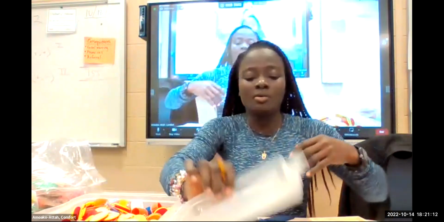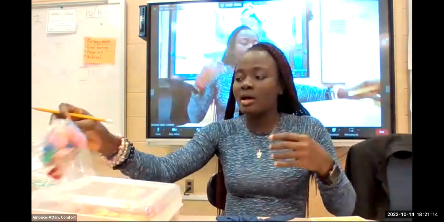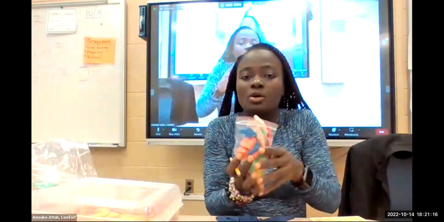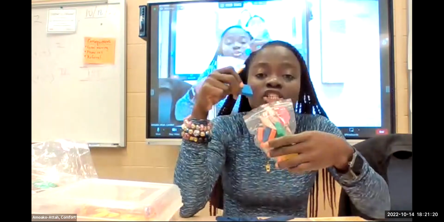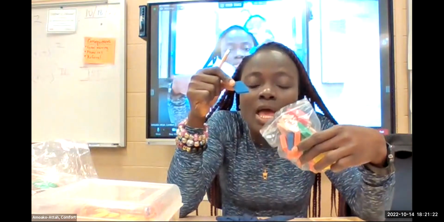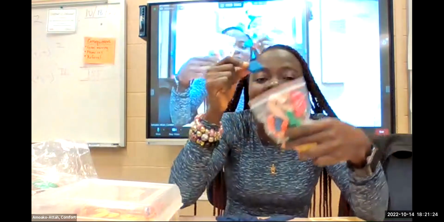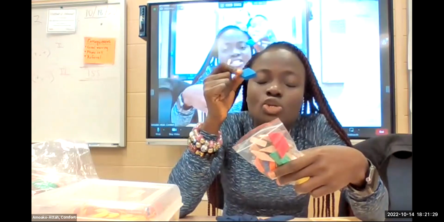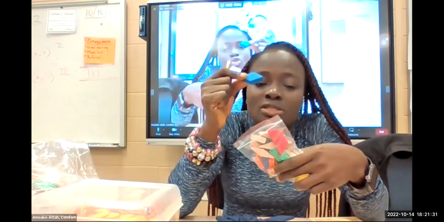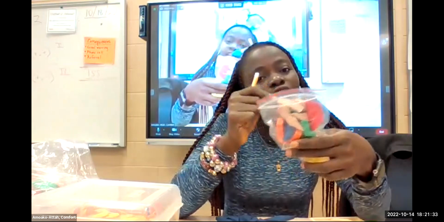Good. Now, my final thing. You can also, I showed you this. So I can either compare the ratio of blues to the total number of colors over here. So with that, it is asking you to count the total number of blues, then you count the total number of other colors, then you compare their quantities.